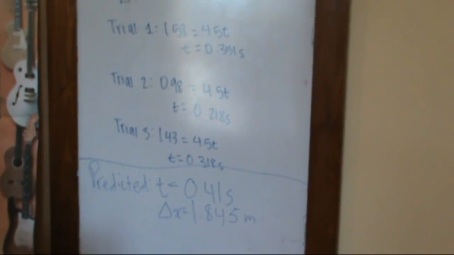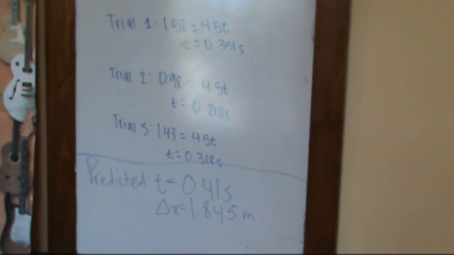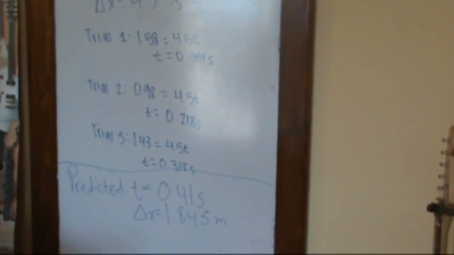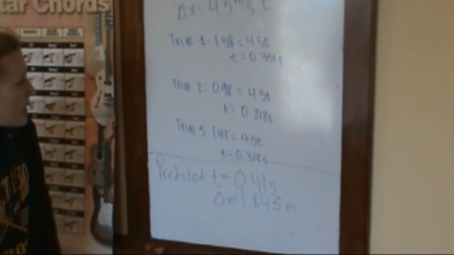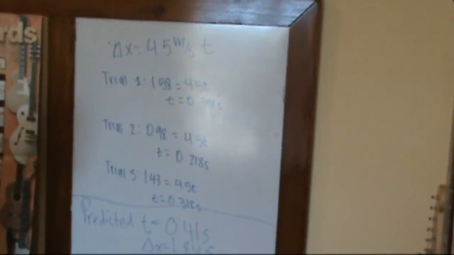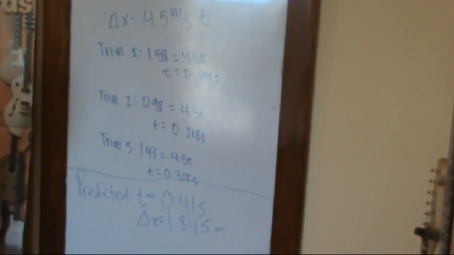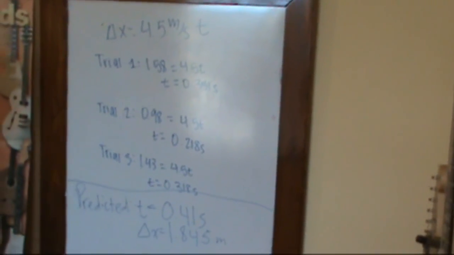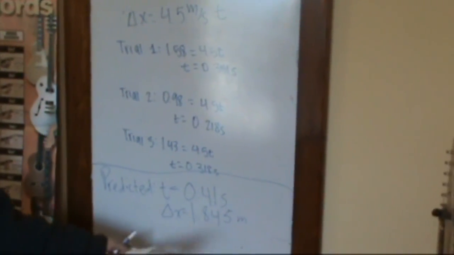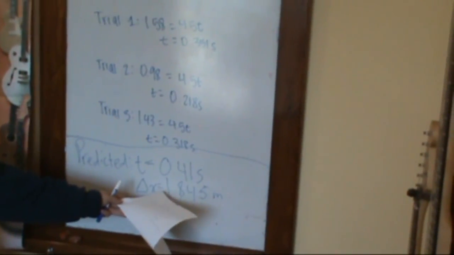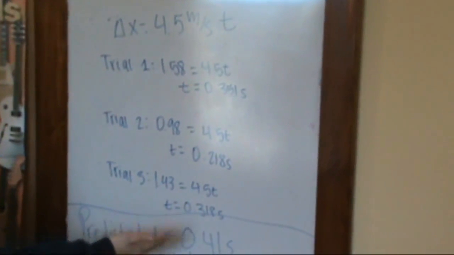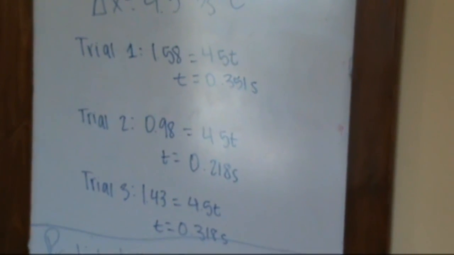So considering the fact that we couldn't go from 10 miles per hour to 0 miles per hour in exactly 1 second, we had to take into account that the baby was probably traveling at a little under 4.5 meters per second because of the braking time. So if there wasn't any braking time taken into account, that would be the horizontal range and the time. And with that taken into account, you can see the horizontal range and time varies.